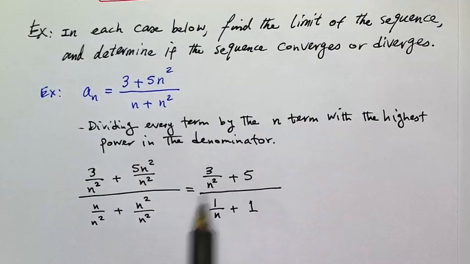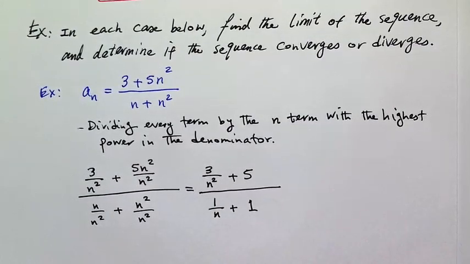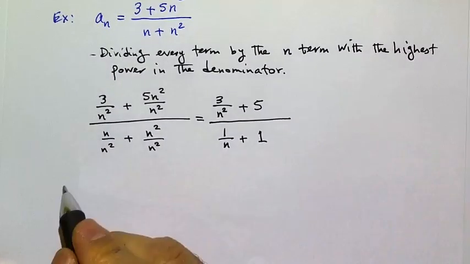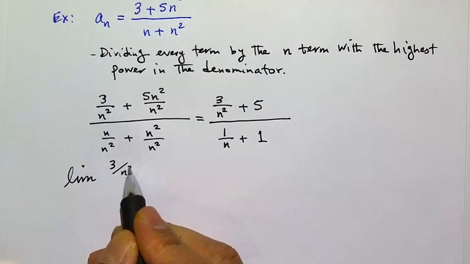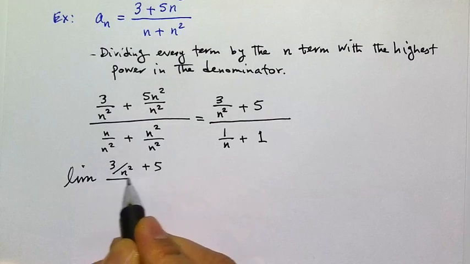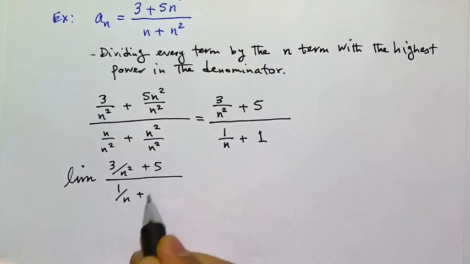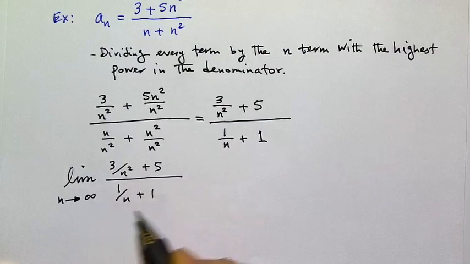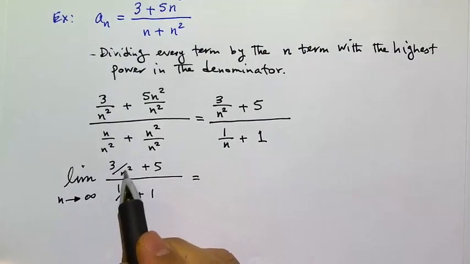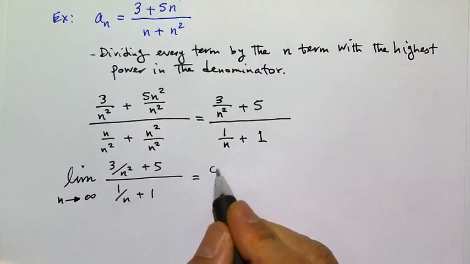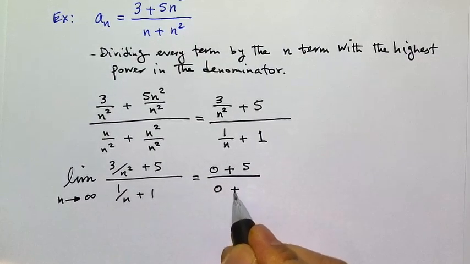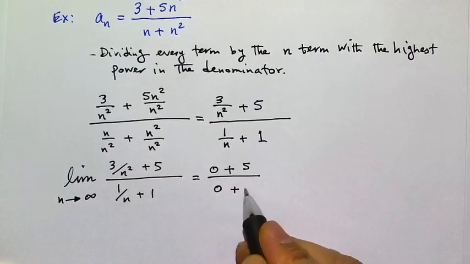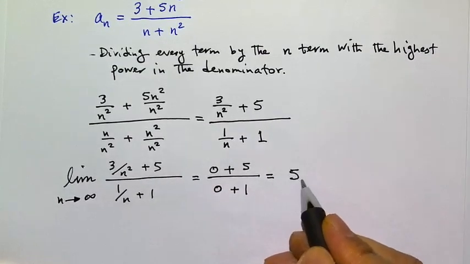Now let's take the limit of this as n goes to infinity. 3 divided by infinity is simply 0, plus 5. 1 divided by infinity is 0 again, plus 1, so 5.